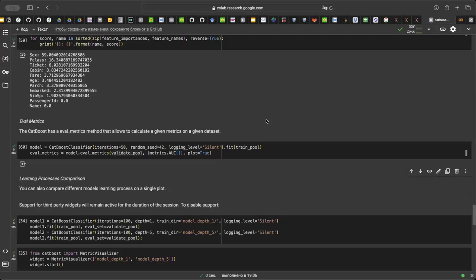Okay. The first question: what are the axes to draw a ROC curve? Guys, someone, anyone?